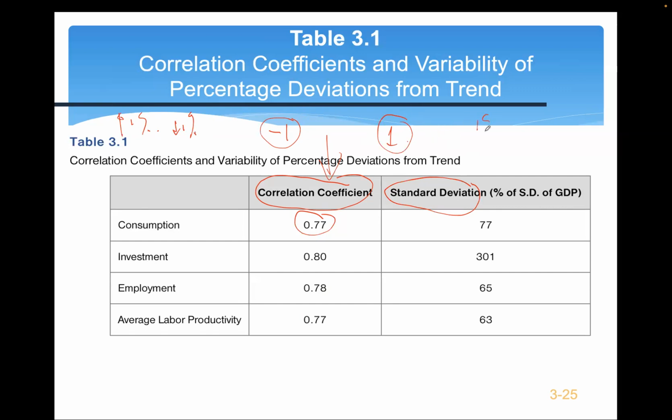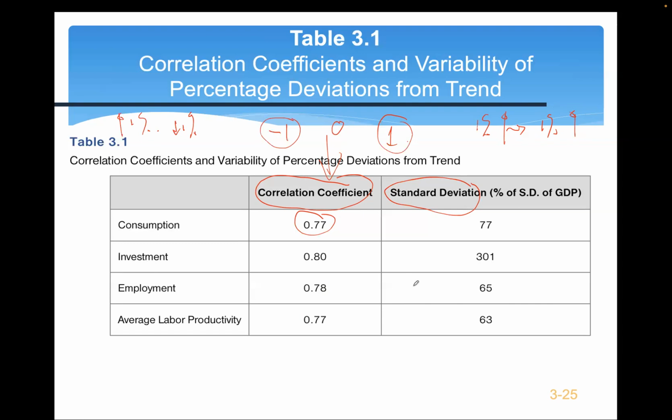If GDP increases by 1%, the variable of interest will increase by 1%. It's 1 by 1. If it's 0, they are completely irrelevant. If GDP increases by 1%, you're not going to see any change in the variable of interest. Now between -1 and 1.